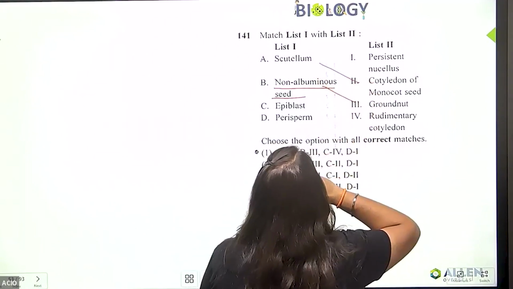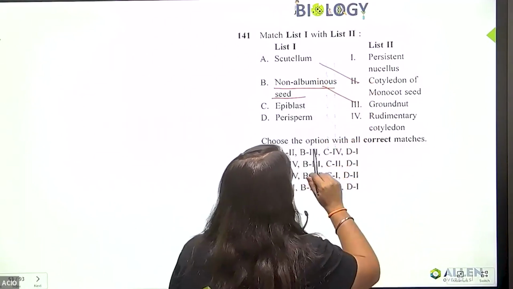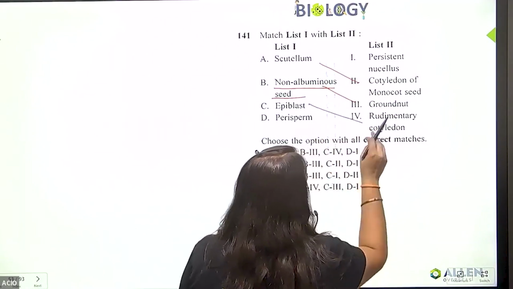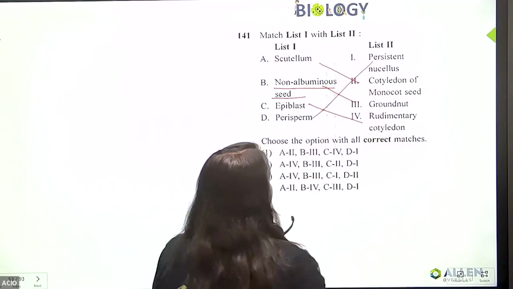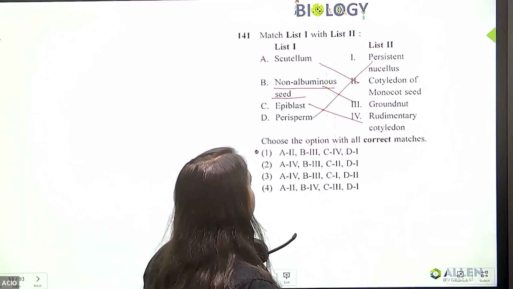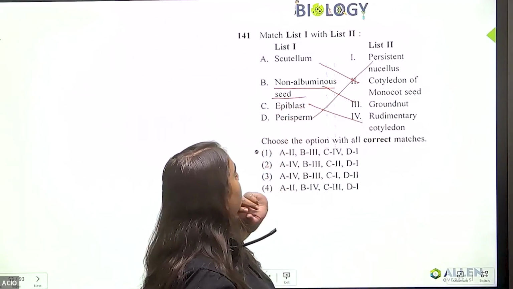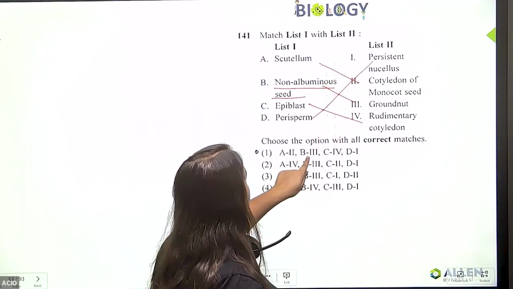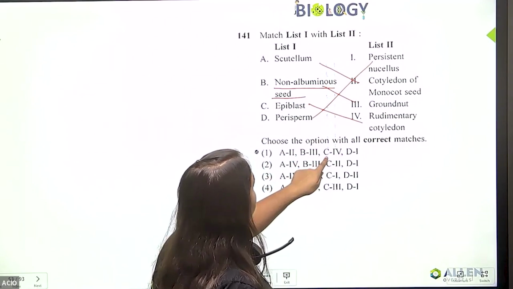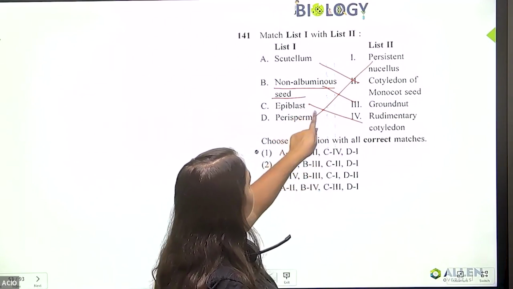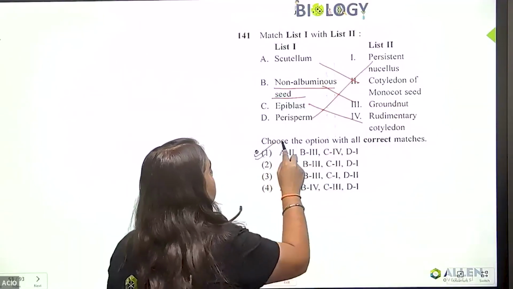Then epiblast is the rudimentary or reduced cotyledon. Perisperm is persistent nucellus. So D goes with 1. Non-albuminous seed is your groundnut. A is going with 2 and C goes with fourth. So the first one is the right answer.